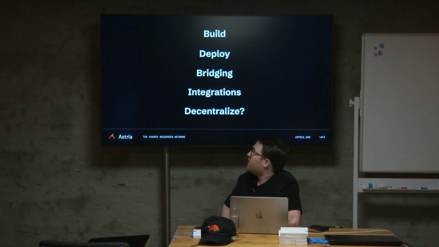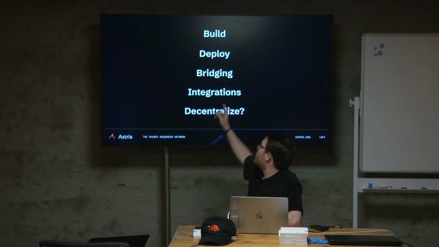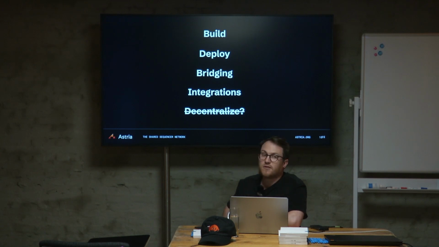And then I have this last one here, which is kind of tongue in cheek, because I think this is what people in the rest of rollup land do: they say, well, we did all of that and it's very successful, we're going to decentralize. But if you build on top of Astria, that's already done for you. Because you already have a decentralized proposer, and you already have that aspect done for you.